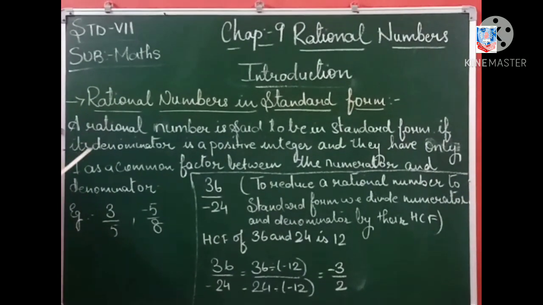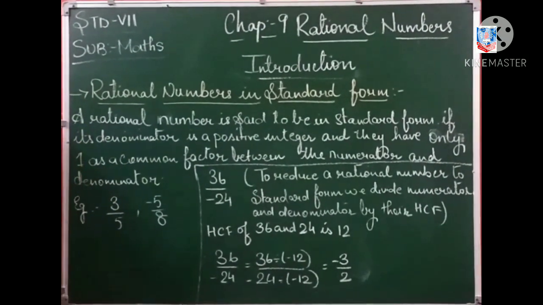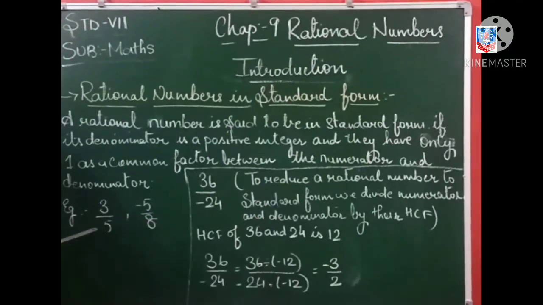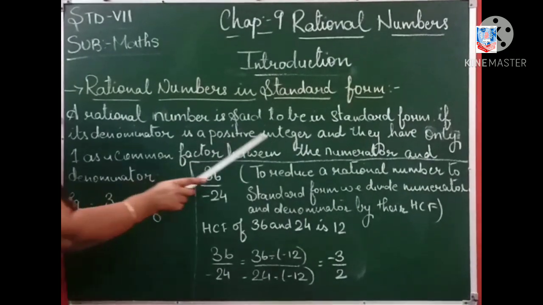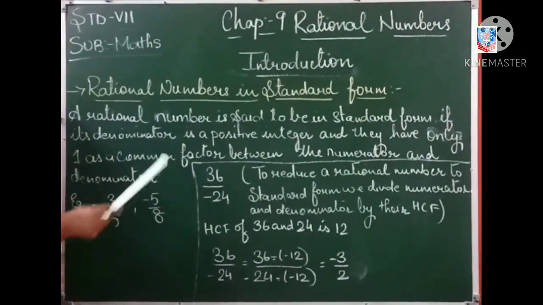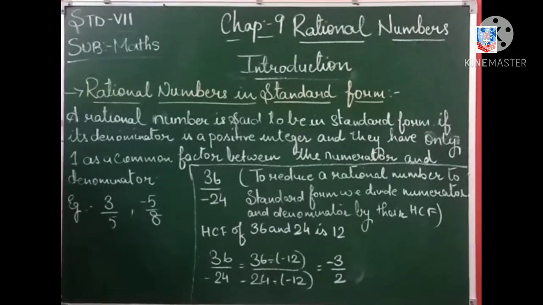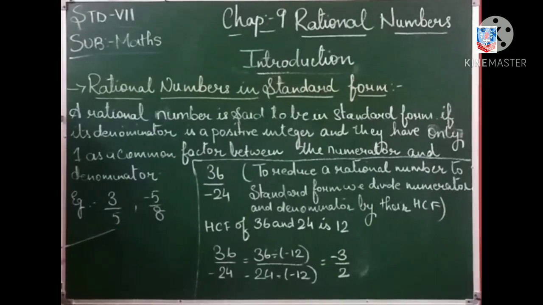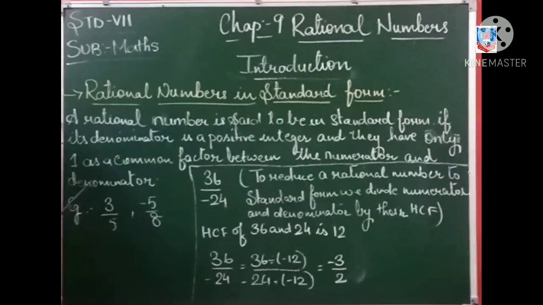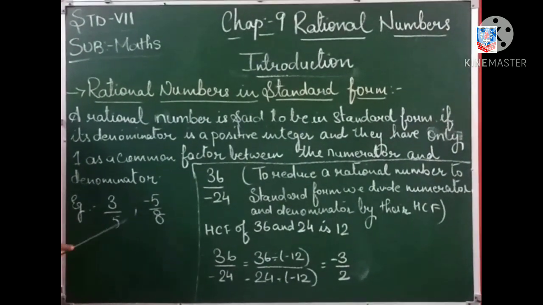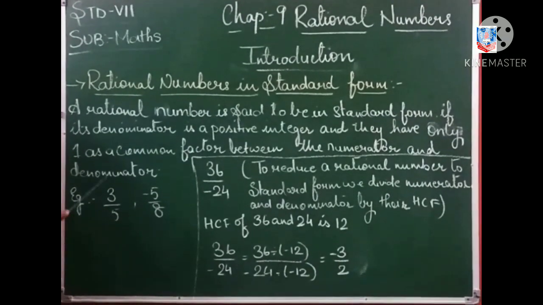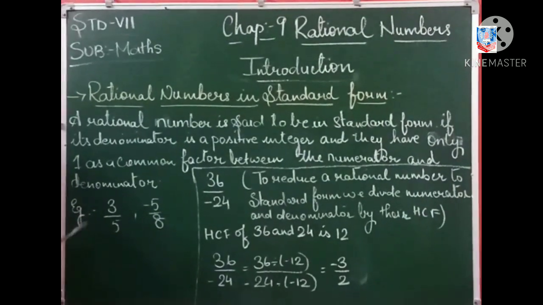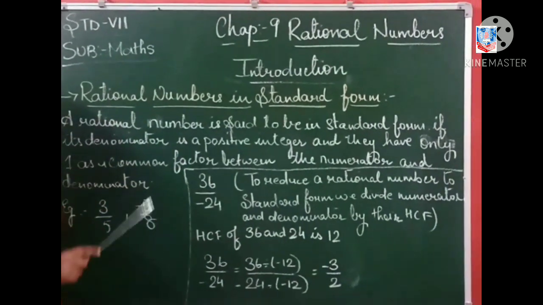For example, see, here both the denominators are positive, and they have only 1 as a common factor. Here the numerator is 3 and the denominator is 5, and they have only 1 as a common factor, 1 into 3 and 1 into 5. Such rational numbers are said to be in standard form.